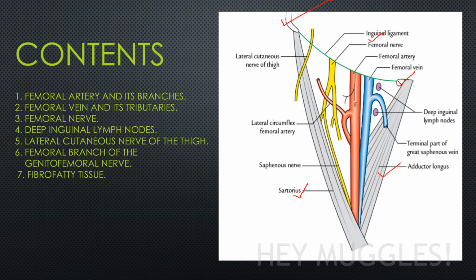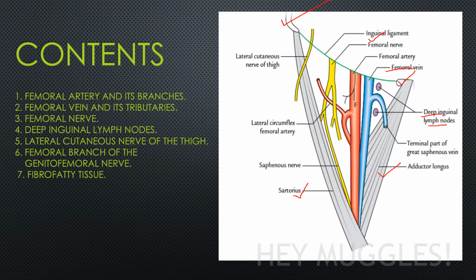Moving medially to laterally, we can see the first content is your deep inguinal lymph nodes. Is that okay? Then we have femoral vein. The great saphenous vein is draining into femoral vein.